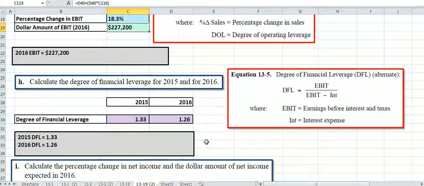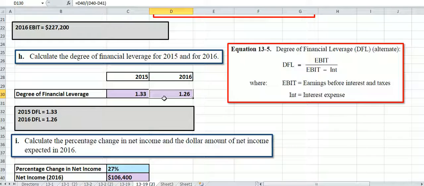Now we're going to calculate the degree of financial leverage, which is just looking at our earnings before interest and tax, divided by our earnings before interest and tax minus our interest expense. Because of the numbers that we've already put in, this is going to be just here.